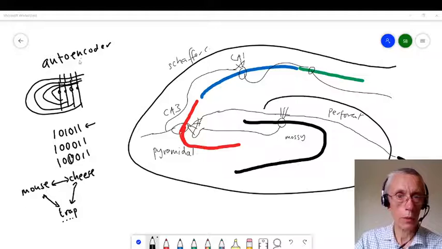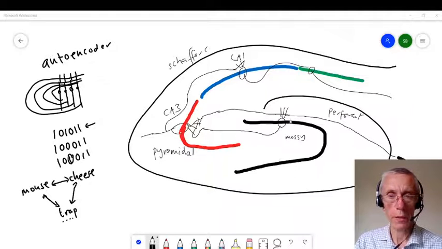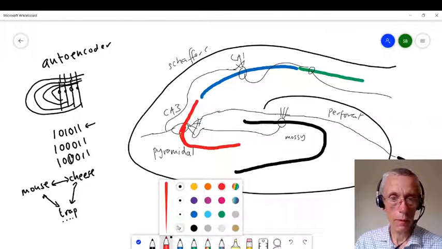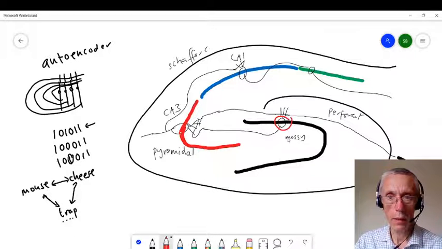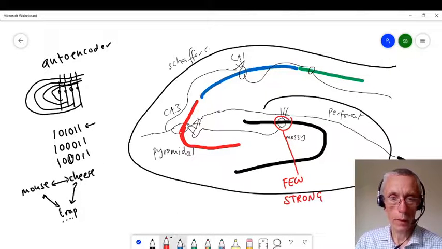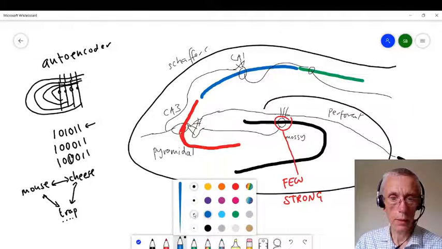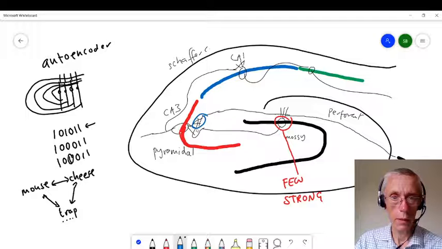So here's the story. If you look at the synapses here, we find that these are few in number but strong. If you look at these synapses here, these are many and weak.